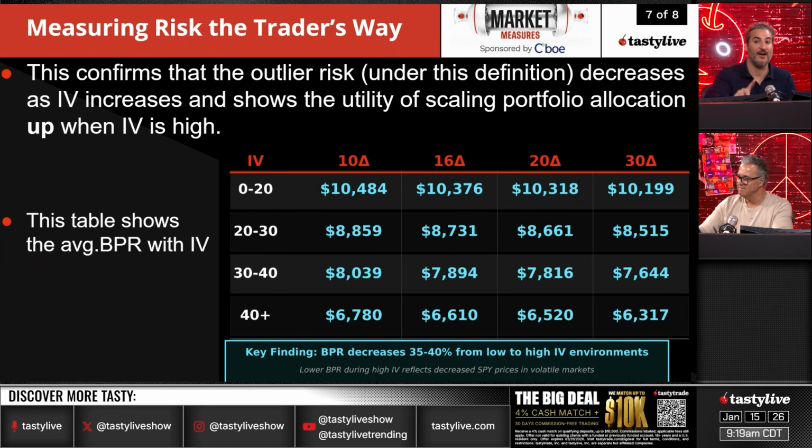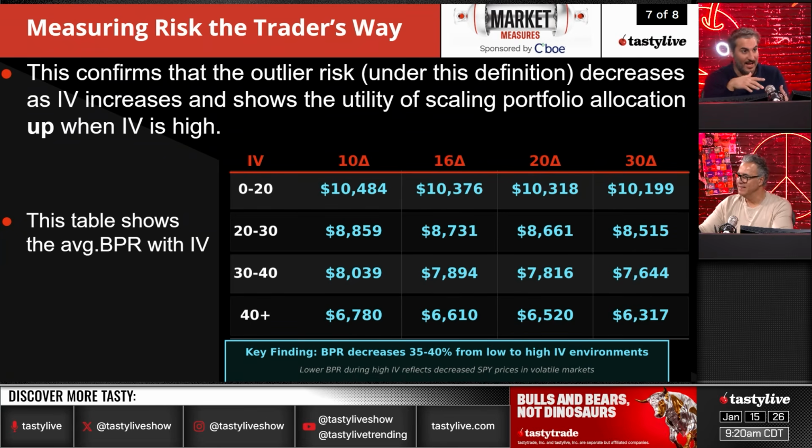Because if you have the trade on at 20 IV and it costs you $10,000 to hold the position, and then you get to a point where volatility is at 40, you're probably talking about SPY going from 700 to 600, and your short option on the put side is going to be 70, 80 points in the money. And so that's where the risk comes into play, and that's where your buying power expansion hurts you.